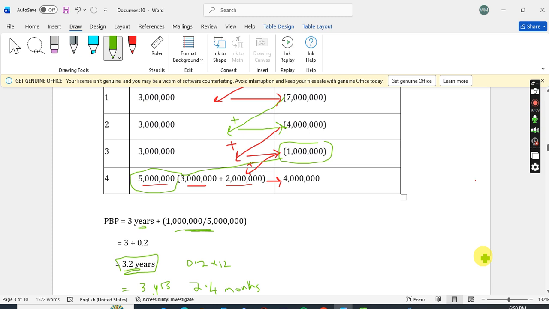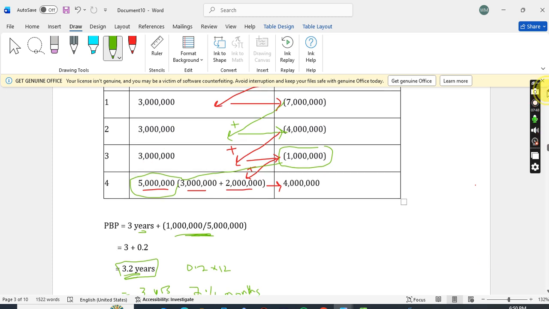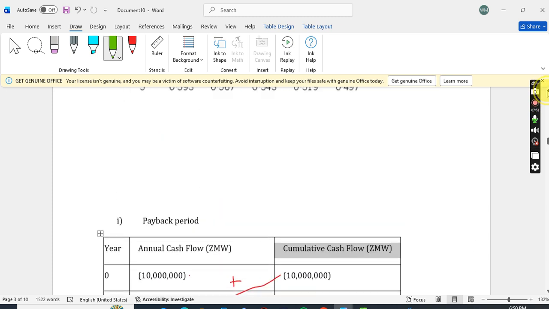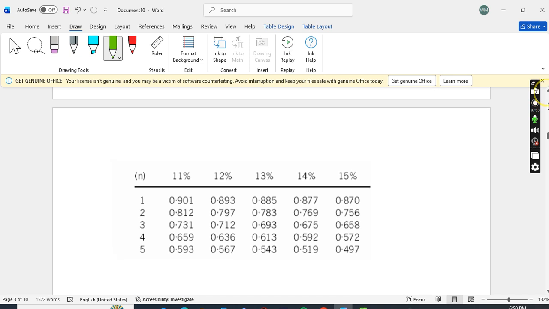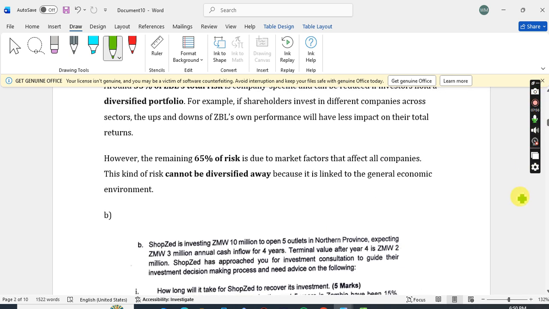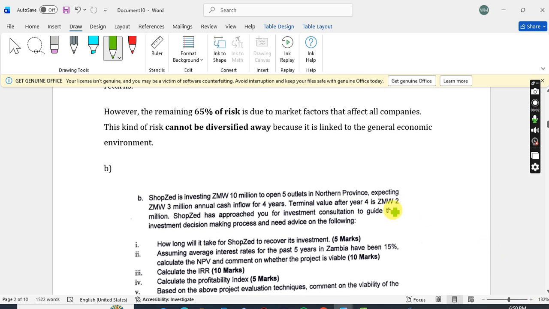Sir, on number 4, where did you get that 5 million again? The cash flow of 3 million and this terminal value, which was given in the question, this 2 million here. They say after year 4.